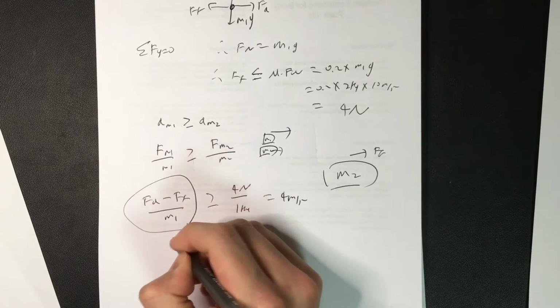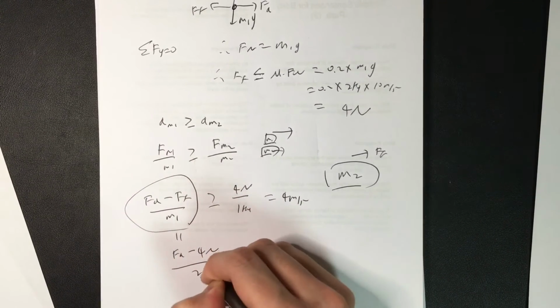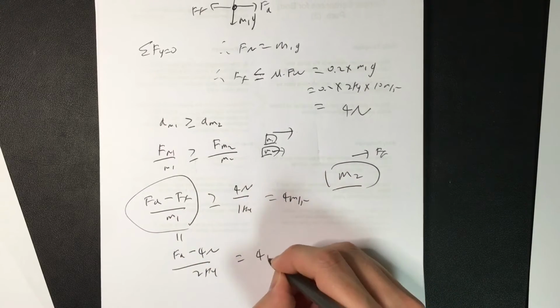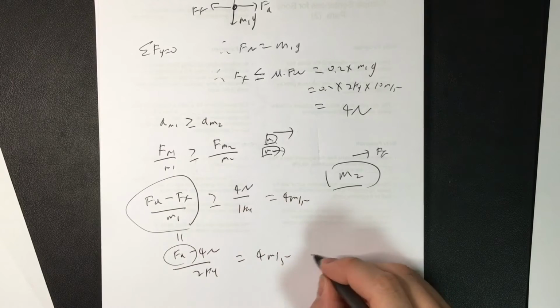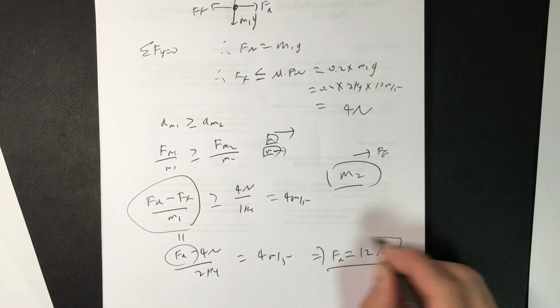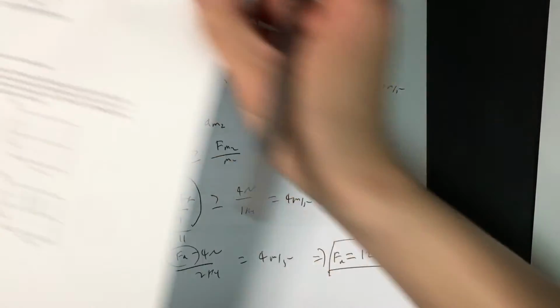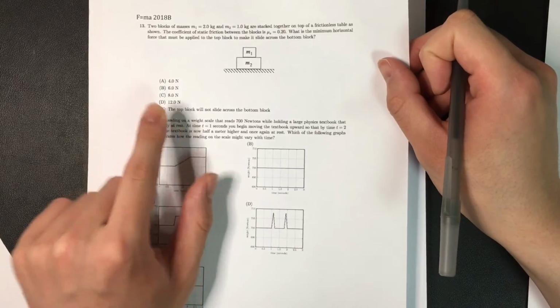And plugging in the value here, it equals FA minus 4 newtons divided by 2 kilograms, also equal to 4 meters per second squared. Solving for FA thus leads to the applied force equal to 12 newtons. And looking back to the answer choices, this is 12 newtons, D.